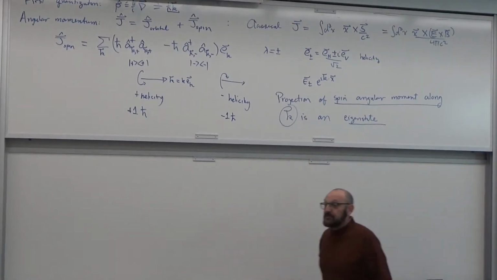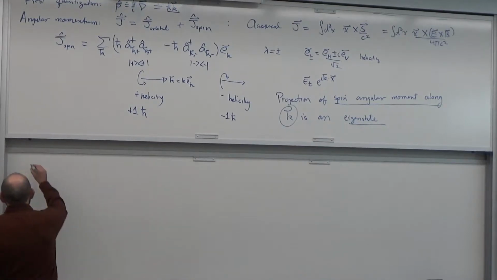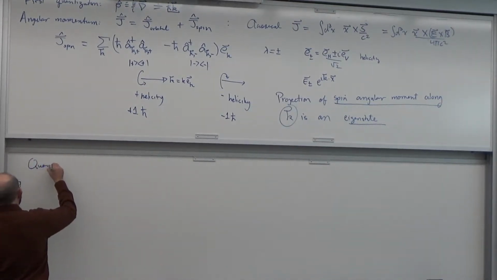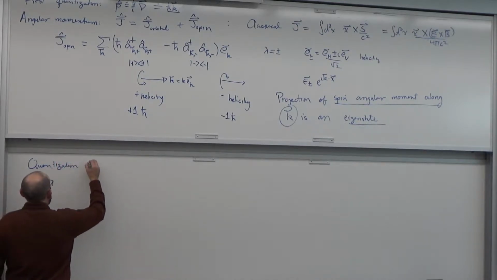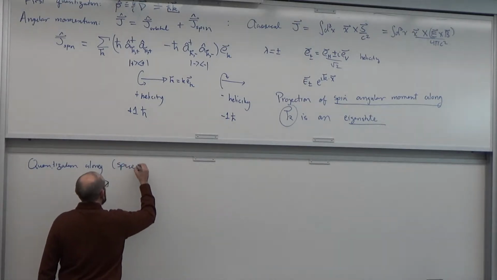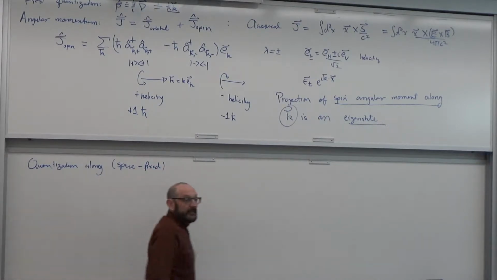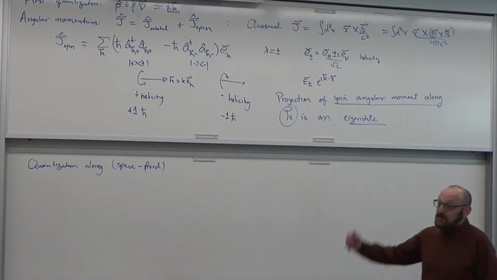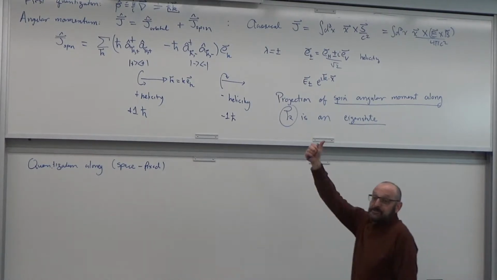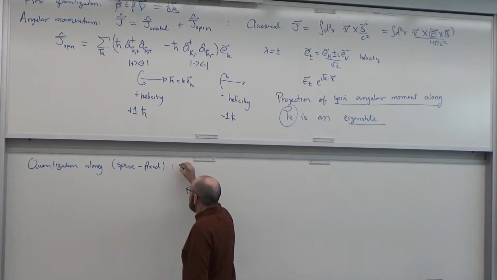When we think about the spin angular momentum, for example, of an electron, we usually think about a quantization axis which is space-fixed. It has nothing to do with the momentum of the electron. We just choose some direction in space, perhaps chosen by a magnetic field, and we call that the z-axis, right?